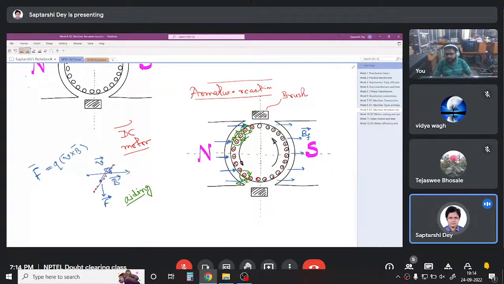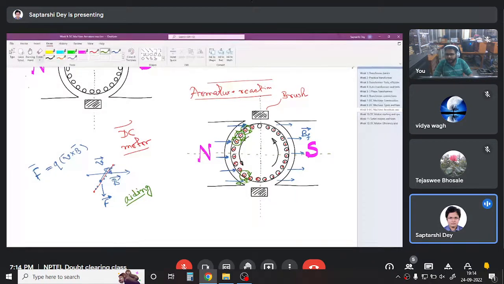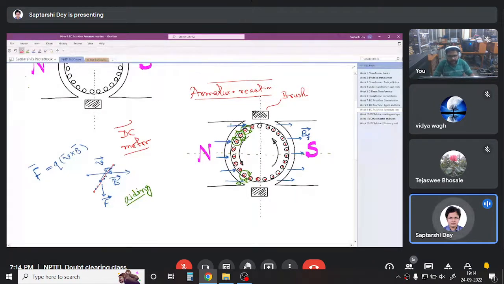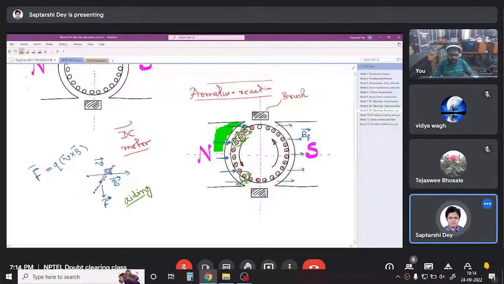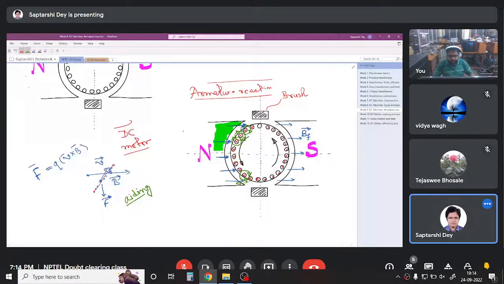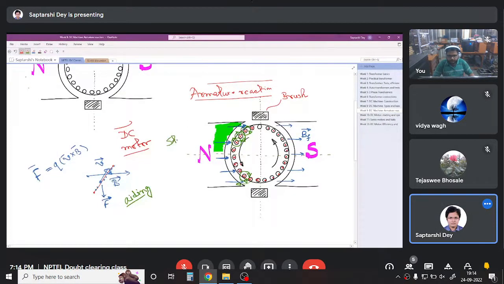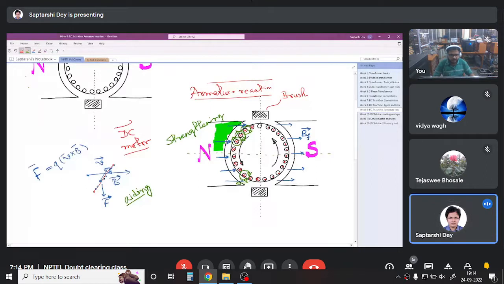So what we have, in this region of the field, is strengthening of the magnetic field. Strengthening means increasing, because they are additive. The main field flux from the field winding and the magnetic field of the armature winding are added to each other.